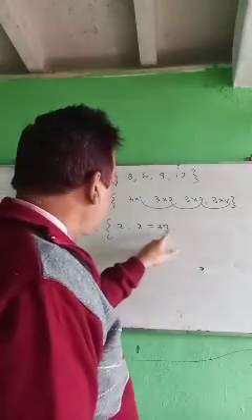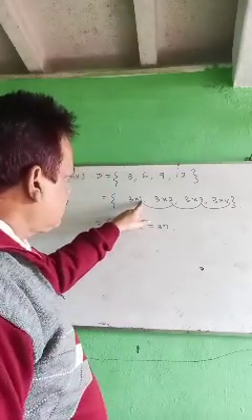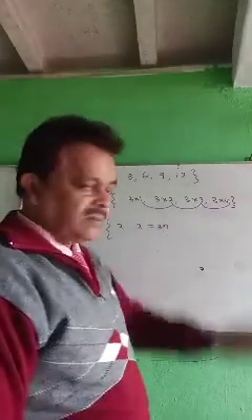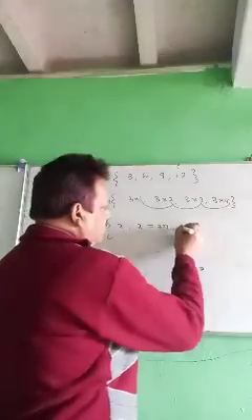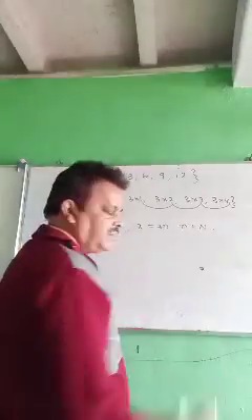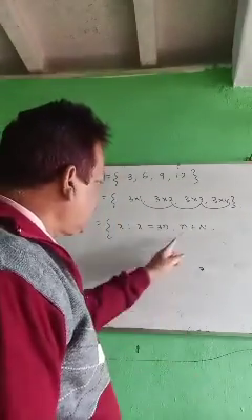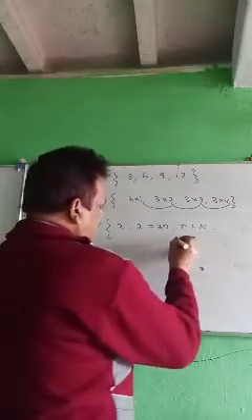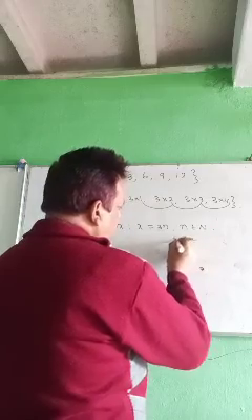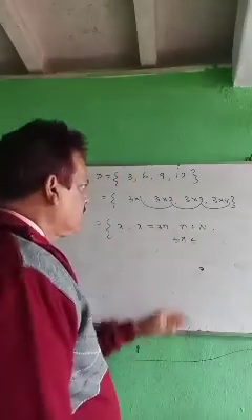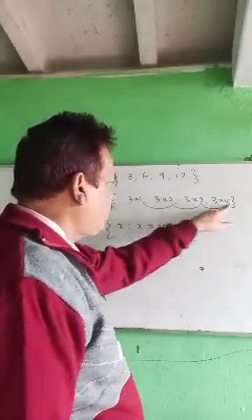Why 3n here? Because n is a natural number here. So you can write n belongs to natural numbers. And what else will you find? Now n is between what and what? That is 1 to 4.